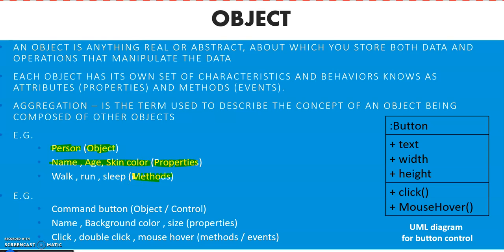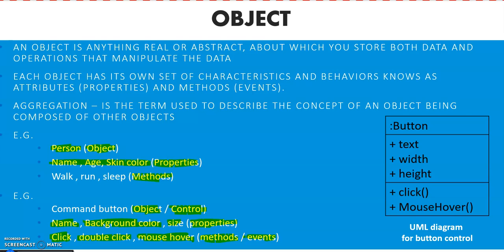In VB we will have objects, which we also call controls, like command button, text box, label. All will have properties like their name, background color, size, and their methods. For example, the command button: we can click on it, double-click is also possible, we can hover the mouse over it, right?